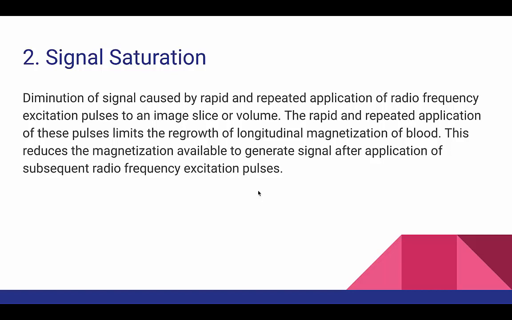So basically what happens is, and this is the case with MRA, you are constantly bombarding the material with your pulses. And if you don't let it relax a bit, you're not going to get a good image, because the difference between the relaxed version and the excited version of these hydrogen atoms is what gives us the picture.